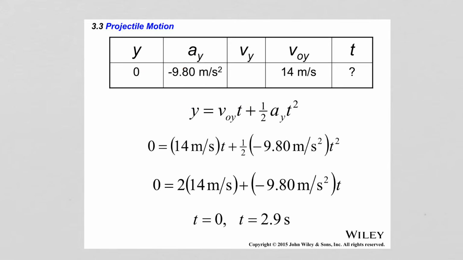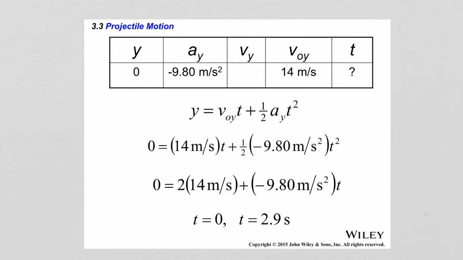So to solve this problem, I can use this kinematic equation. y is equal to V0y times t plus 1/2 ay t squared. y is equal to 0. And then we have 14 meters per second times t plus 1/2 times minus 9.8 meters per second squared times t squared.